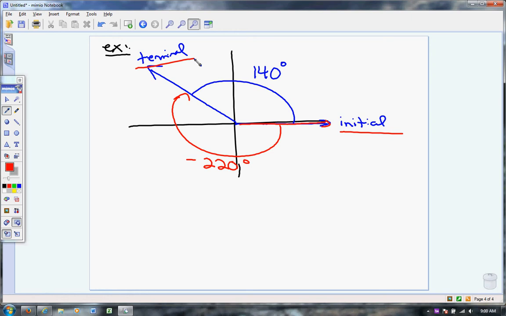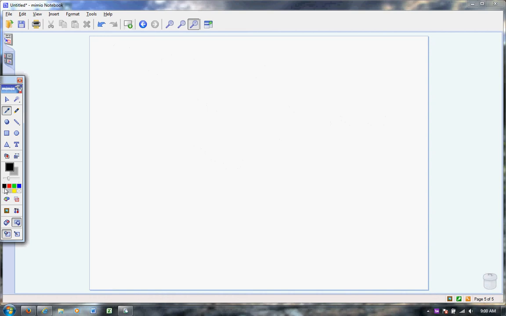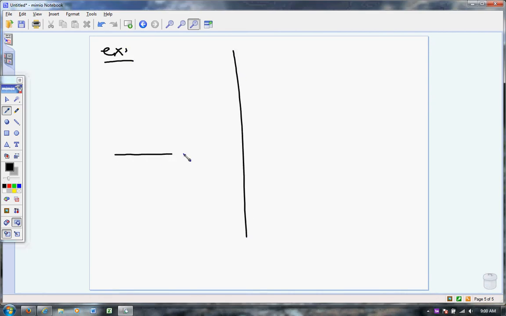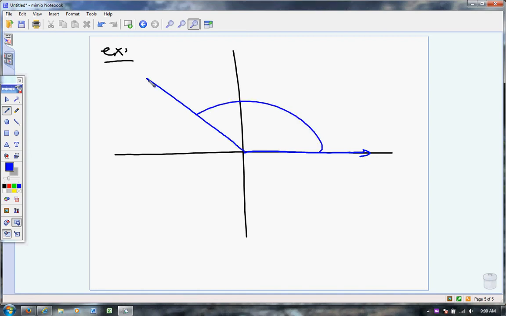Let's look at another example. So again, we're going to start right here. And just for fun, I'm going to swing around to the same degree measure, 140 degrees. Now remember I said you don't have to swing in the opposite direction, but I can swing around more than once.